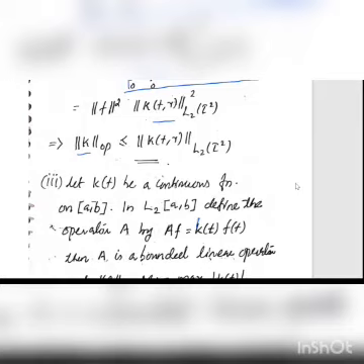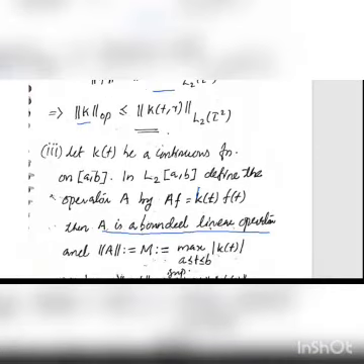Then A is a bounded linear operator. Linearity very easily follows. So we just want to prove that it is bounded. And norm of A is equal to M, the maximum over a less than or equal to t less than or equal to b of modulus of k of t.